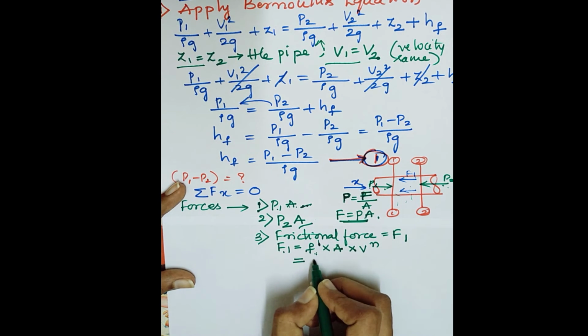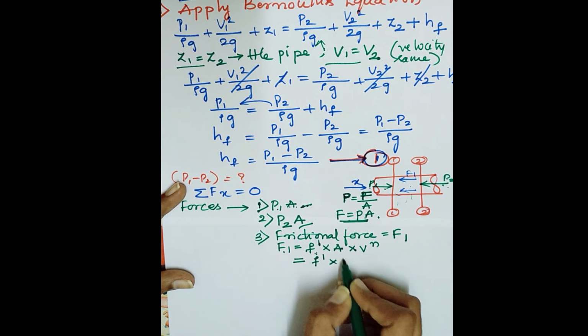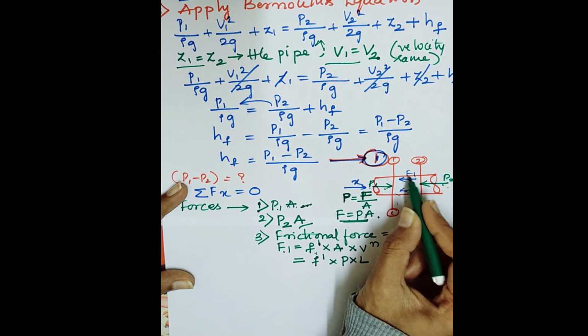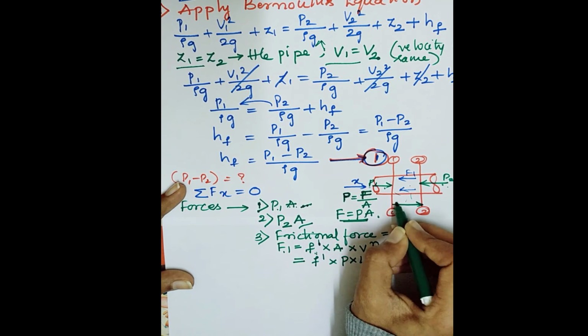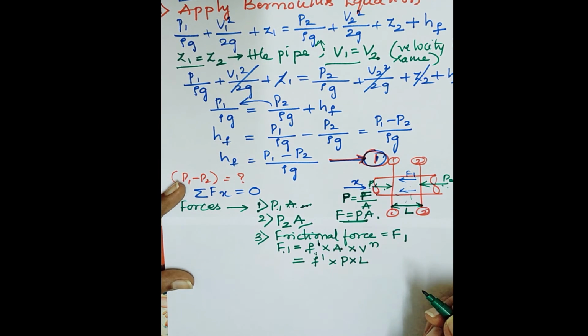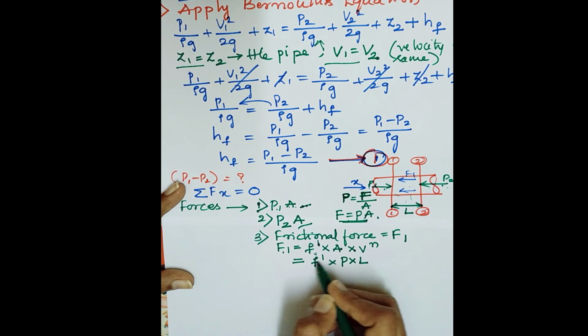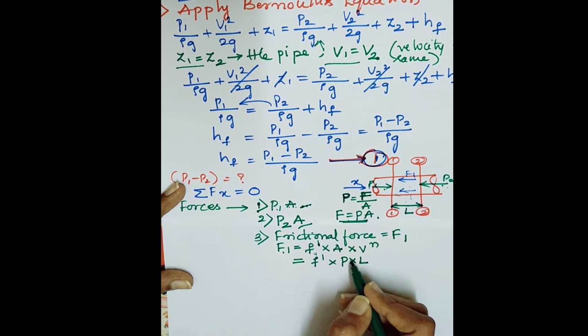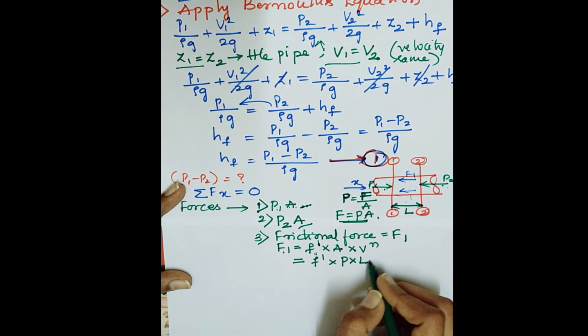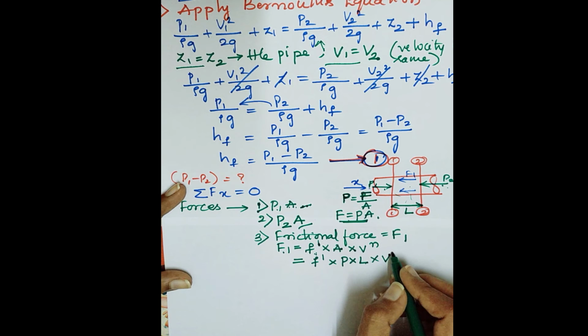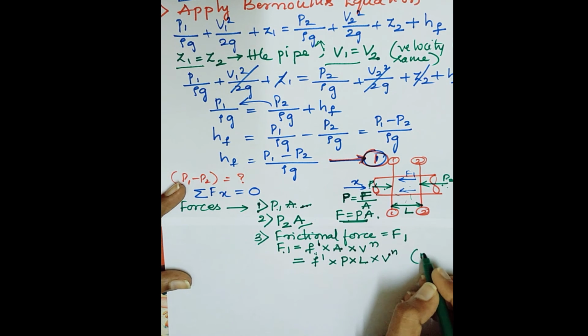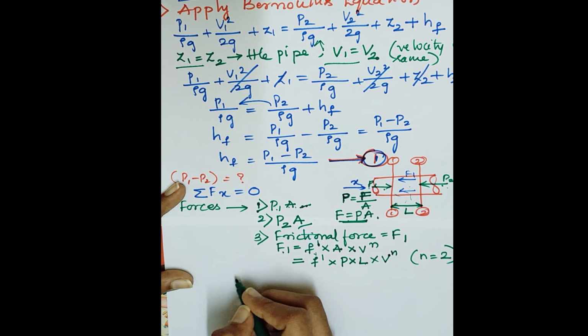That area is perimeter into length, because the length between section 1 and section 2 we know is L. So it is F dash into perimeter into length into velocity to the power n, where usually n is considered as 2.